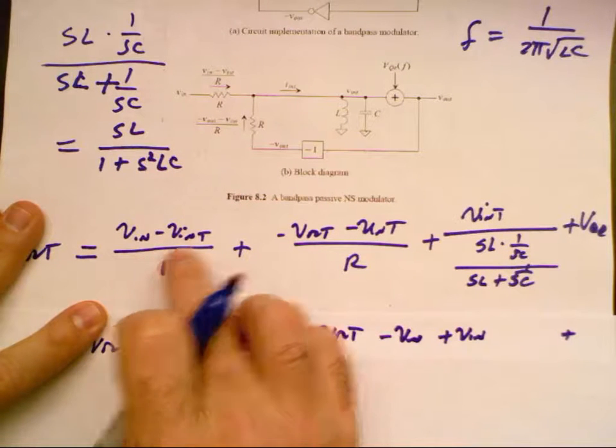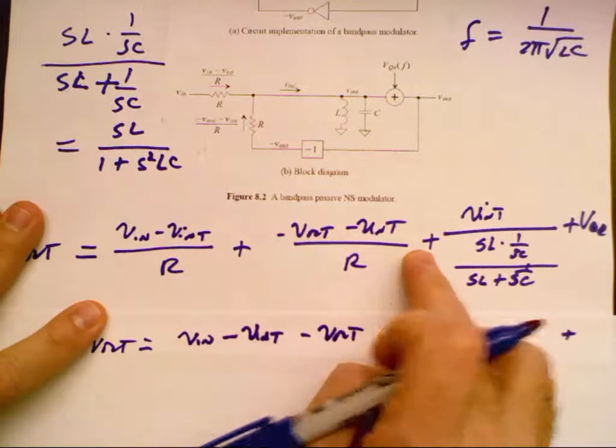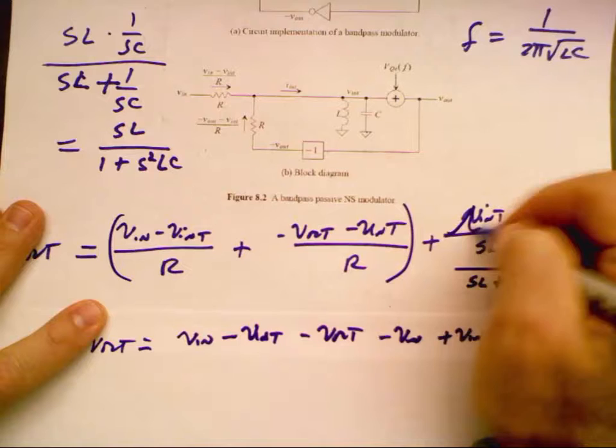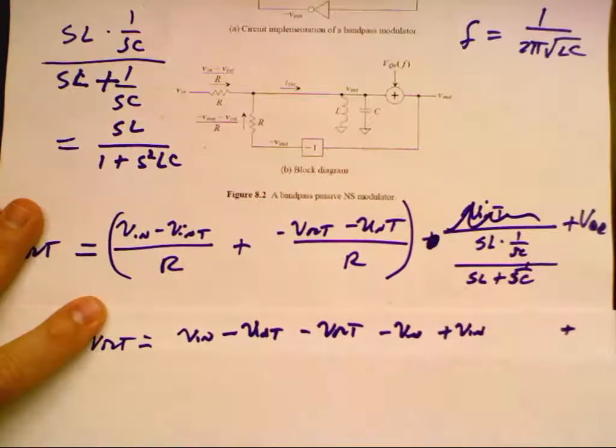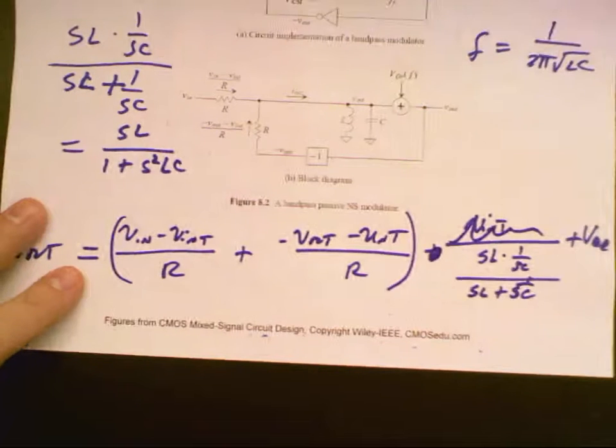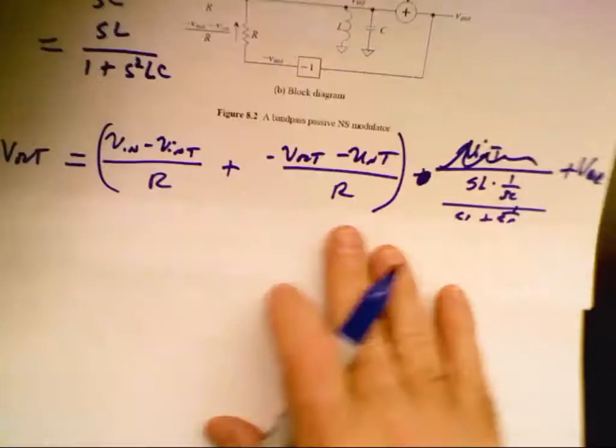So this plus this, oh, that isn't right, is it? So it'd be this, get rid of this, and then multiplied. How's that? Better? All right, that makes it easier.